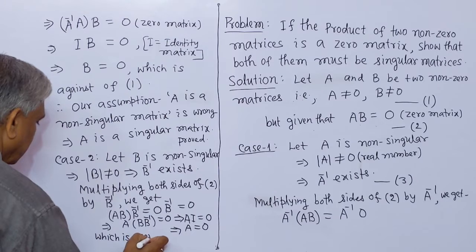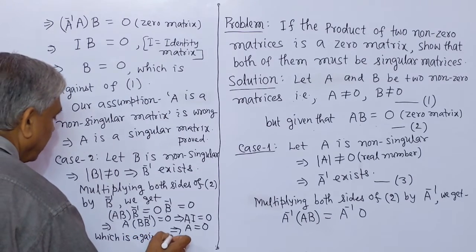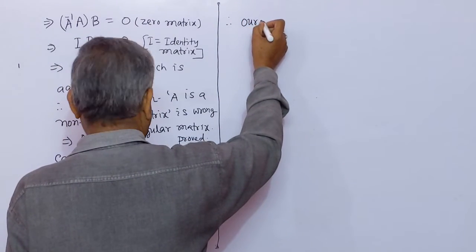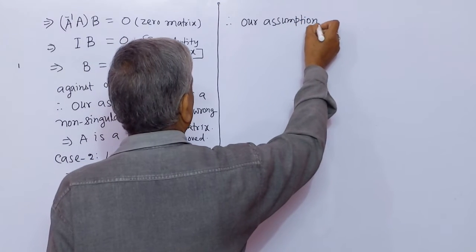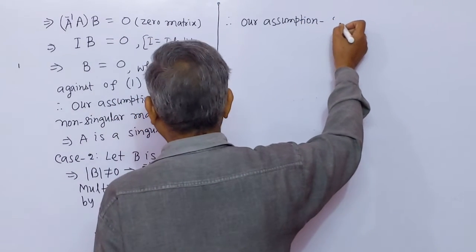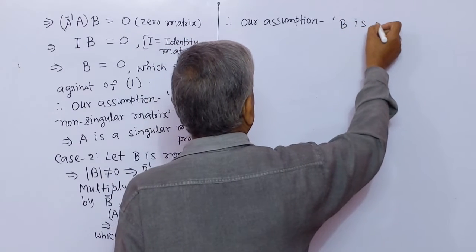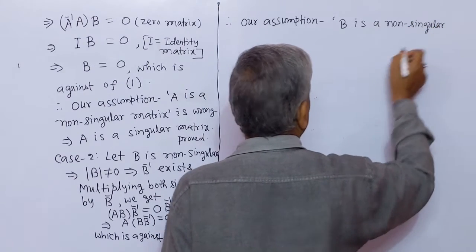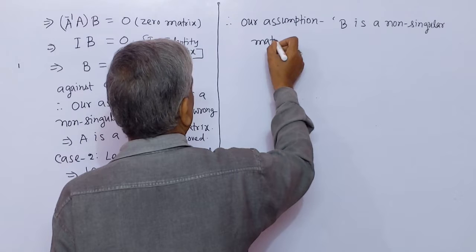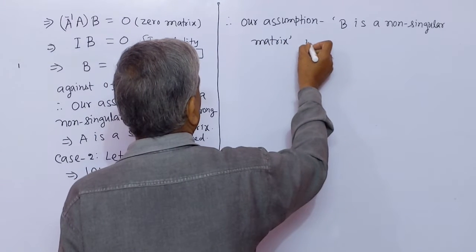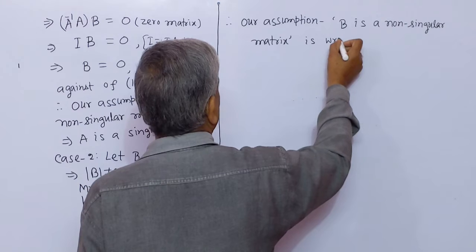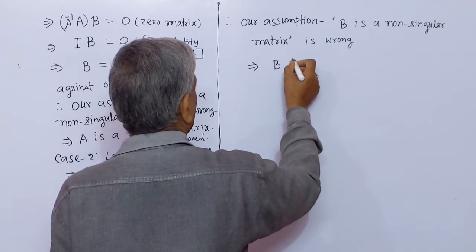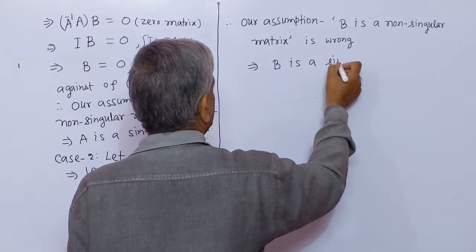against 1. Therefore, our assumption that B is a non-singular matrix is wrong. This implies that B is a singular matrix.